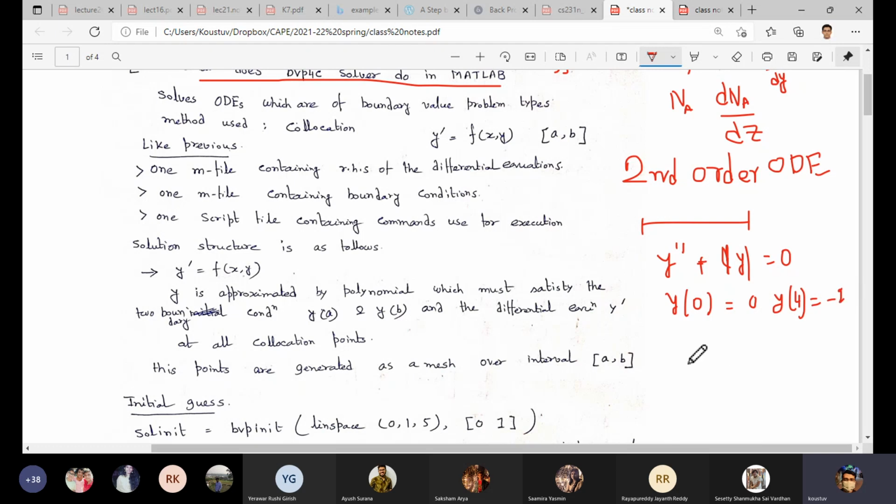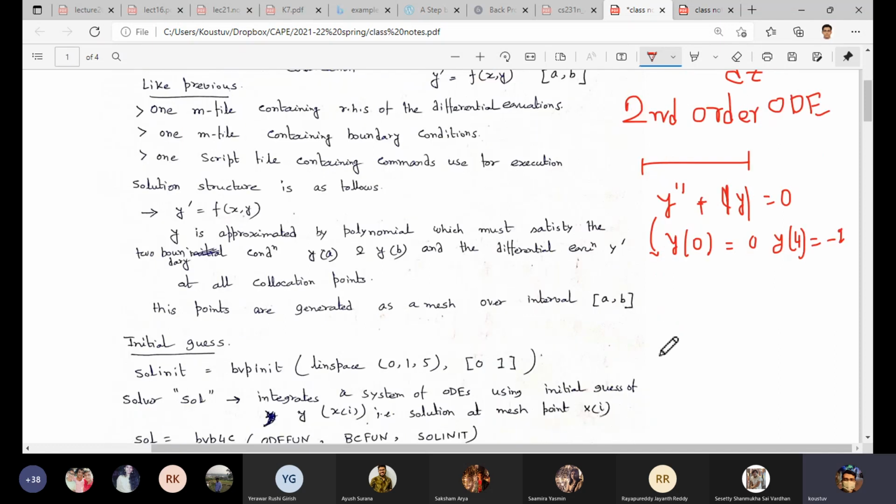Now we can reduce this equation into two first order ordinary differential equations. So what we will do, let's say y1 dash, the first derivative of y1, equals y2, and then y2 dash will equal minus mod of y1.